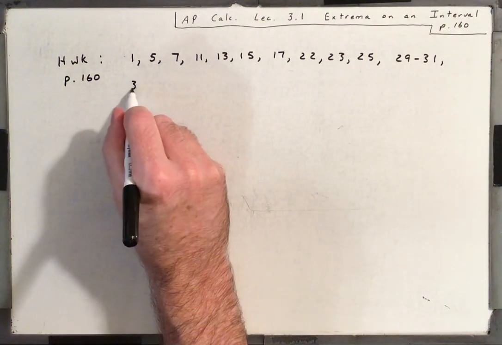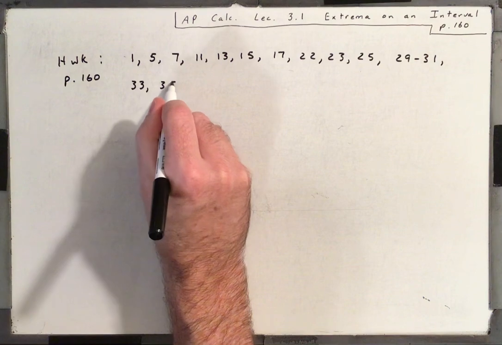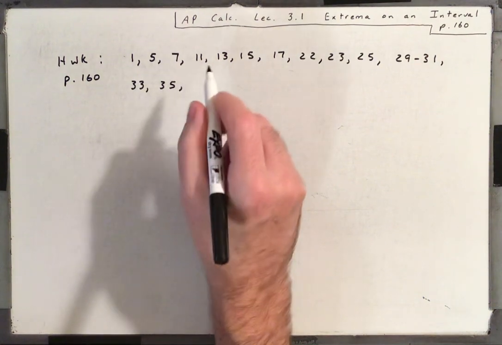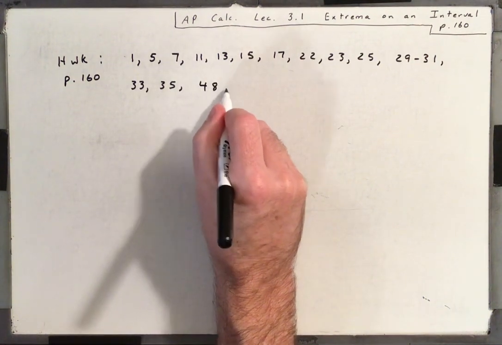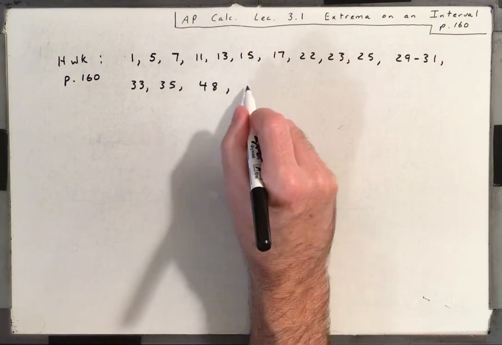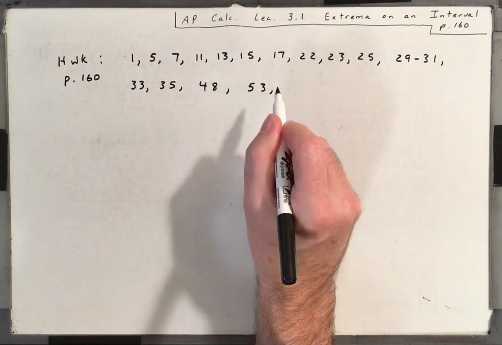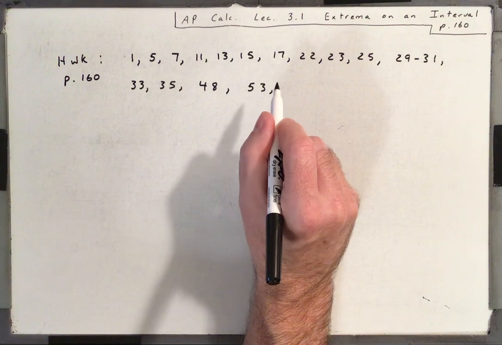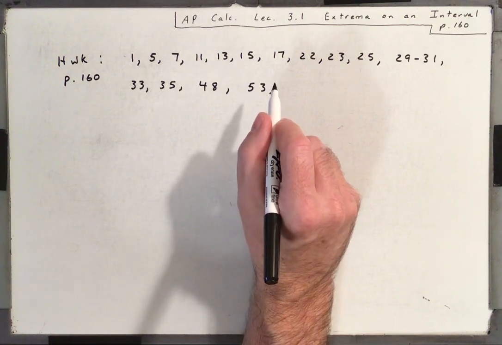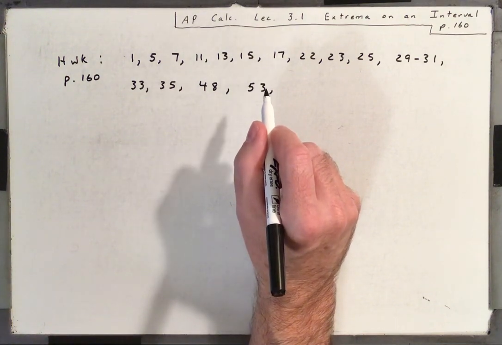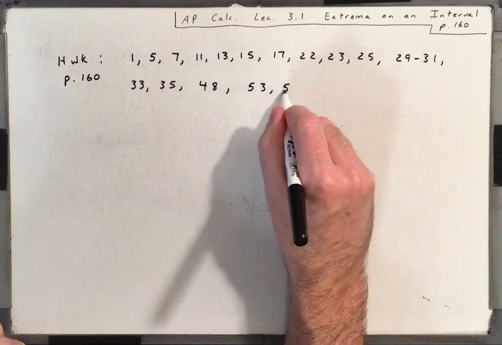I know this looks like a lot, but it's really not. 33, 35, 48. I'm going to give you a hint on that one. 53. So 53, we're bumping all the way over to, and 53 is just true or false, and 54.